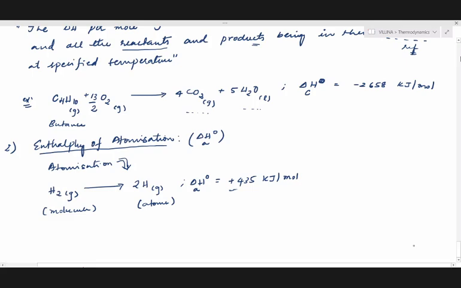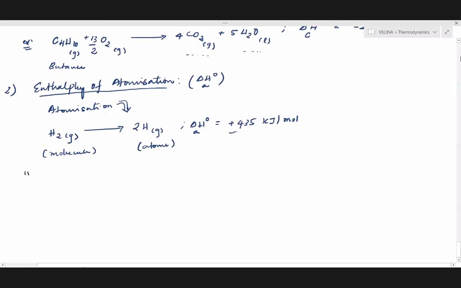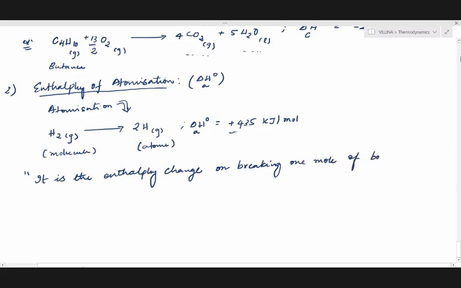So if you look at the statement for this enthalpy of atomization, it is the enthalpy change on breaking 1 mole of bonds completely to obtain neutral atoms in gaseous phase.